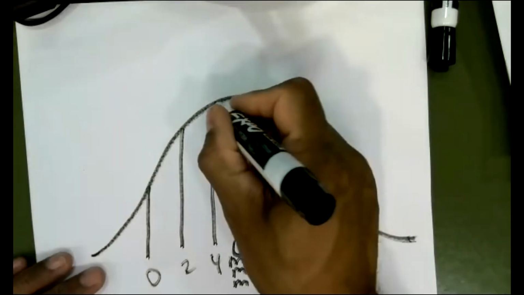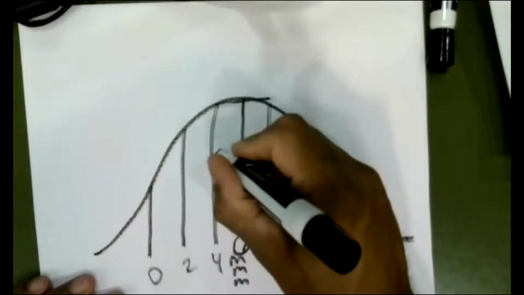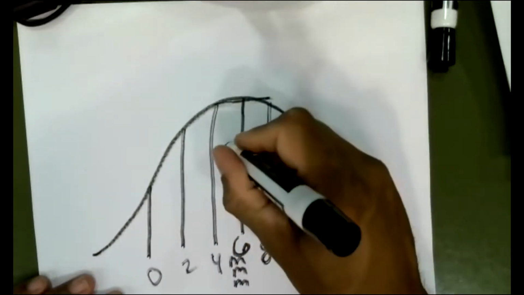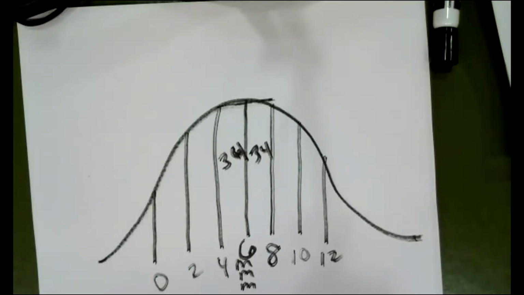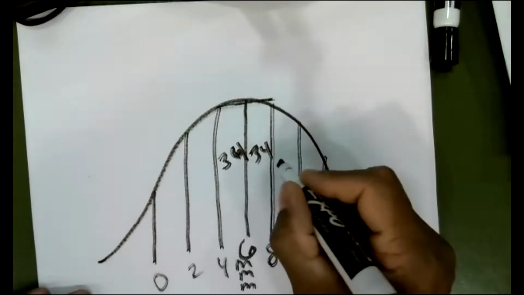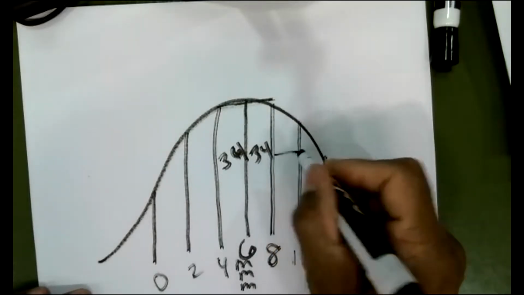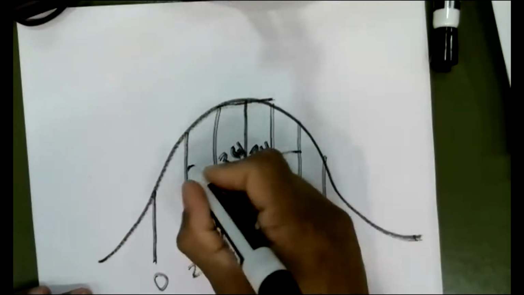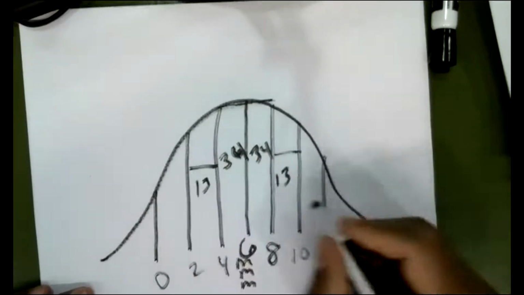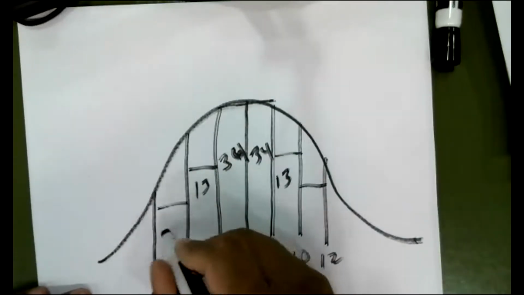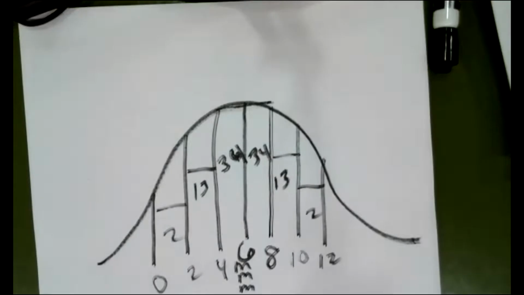Okay, just to make things simple. So we notice right here that we need to have about 34% in each one to have that high point. This just normally happens. In here, we have 13%. And out here, we have about 2%. Okay, and that's to have the normal bell-shaped curve.